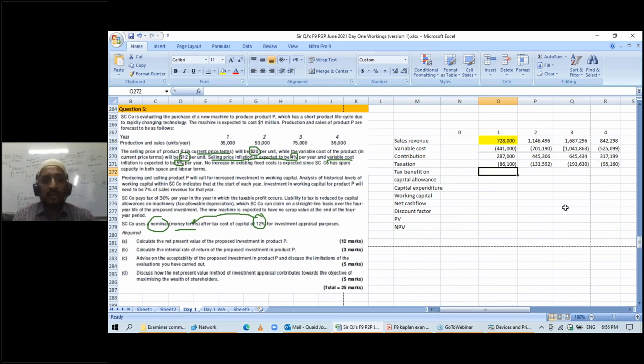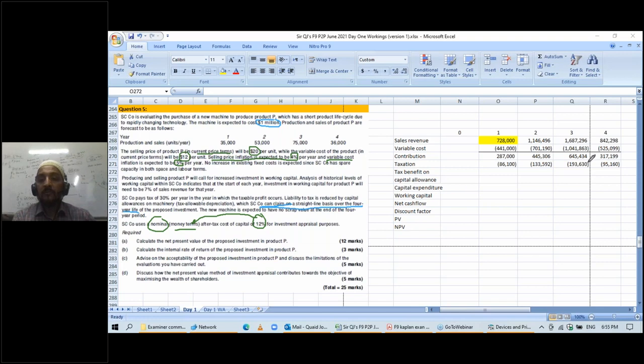So the cost of the machine in this question, I'm highlighting it in blue, the cost of machine was 1 million. If the capital allowance can be claimed on a straight line basis over the 4 years time, and there is no residual value in this question, if you divide 1 million by 4, the capital allowance will be 250,000.